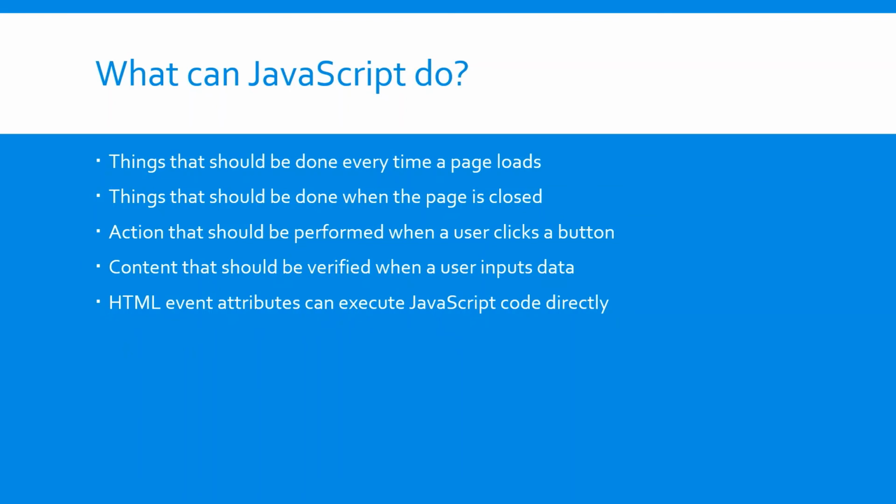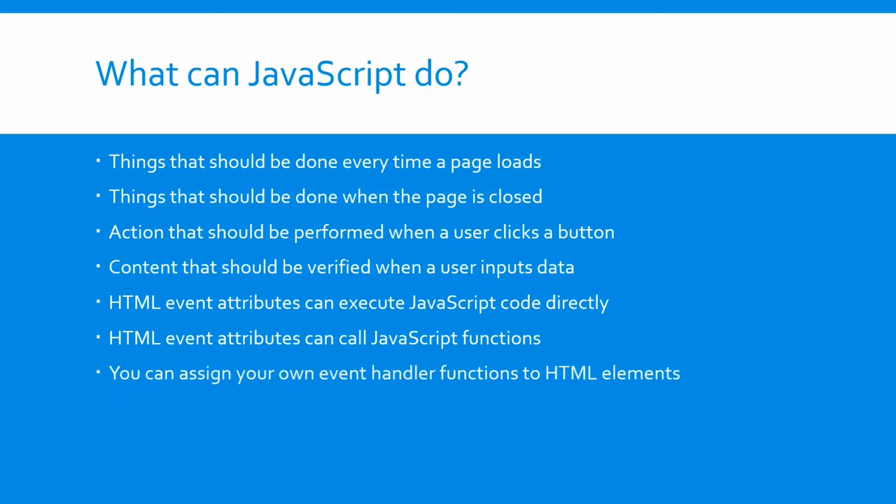HTML event attributes can execute JavaScript code directly, or HTML event attributes can call JavaScript functions, or you can assign your own event handler functions to HTML elements, or you can prevent events from being sent or handled. In such a way we can work with the events which can be handled by JavaScript.